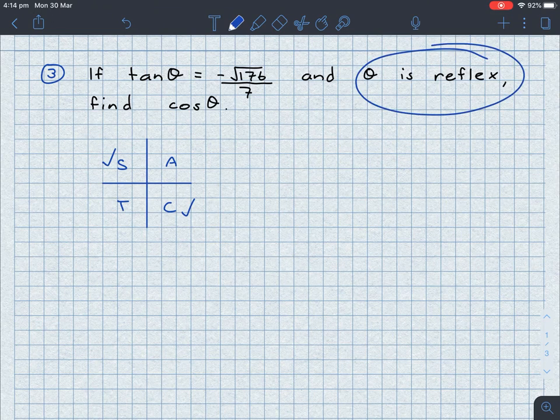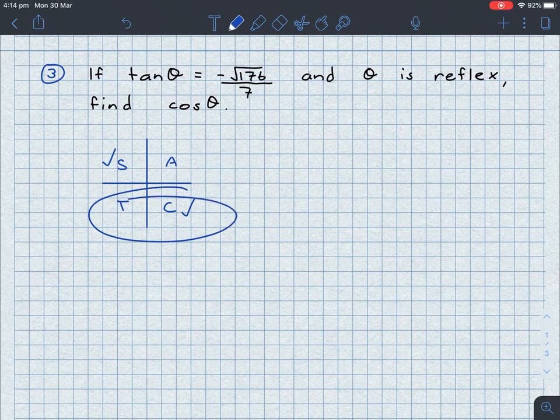But we know that theta is reflex. First quadrant is acute angles, second quadrant is obtuse angles. The reflex angles are the third and fourth quadrant, which means I'm just looking at the fourth quadrant here because that's where tan is negative and the angle is reflex.